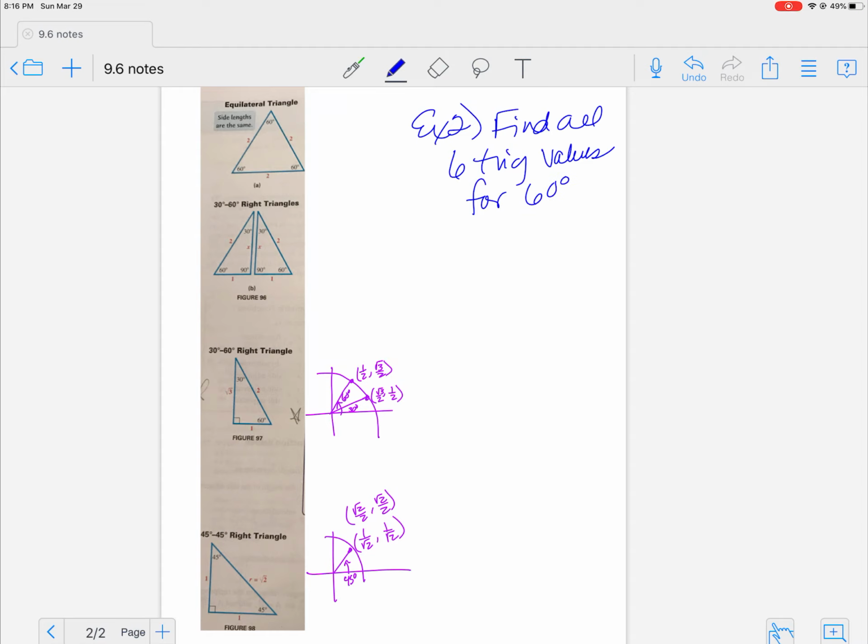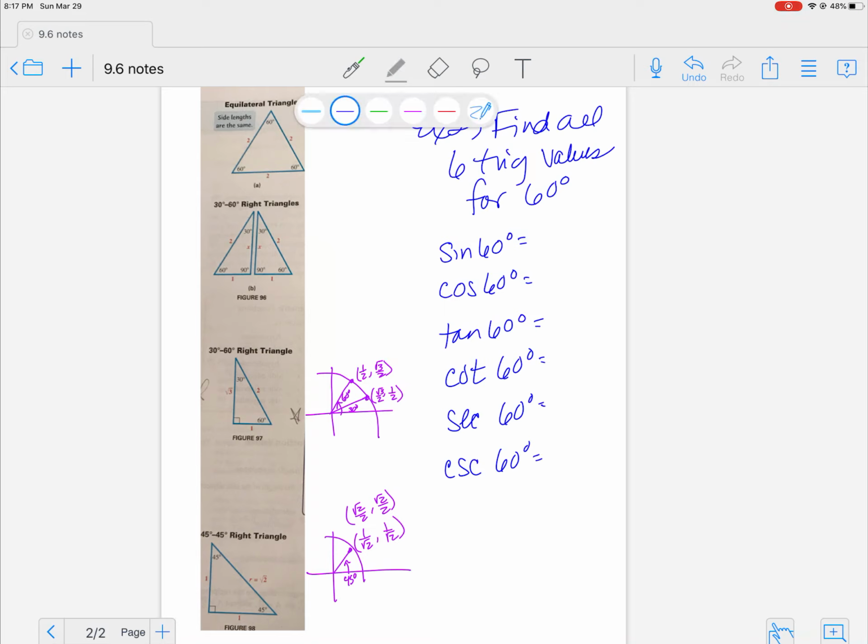Example 2 says, find all 6 trig function values for 60 degrees. So I know I'm doing the sine of 60, the cosine of 60, the tangent of 60, the cotangent of 60, the secant, and the cosecant.